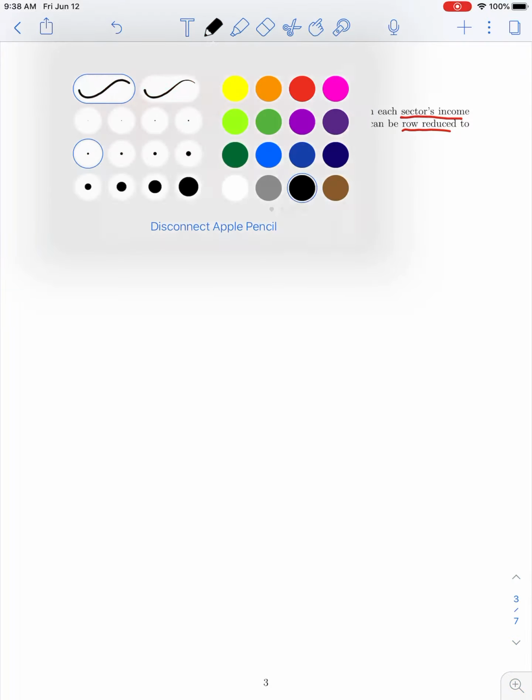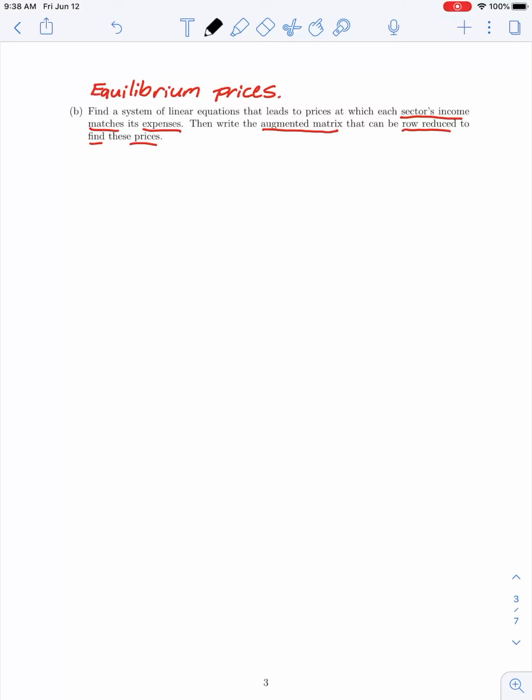So let's start by introducing a little bit of notation here. There are prices that we're interested in solving for. So let's introduce some variables for these prices.